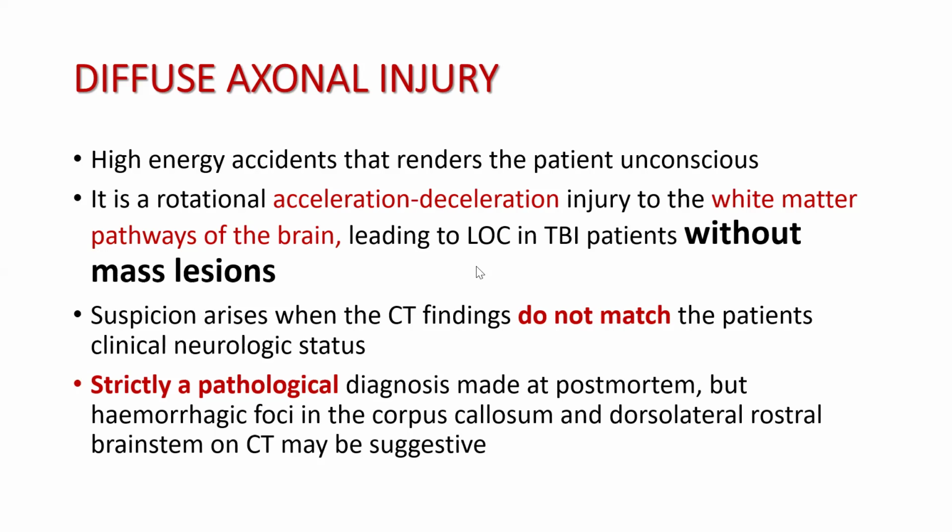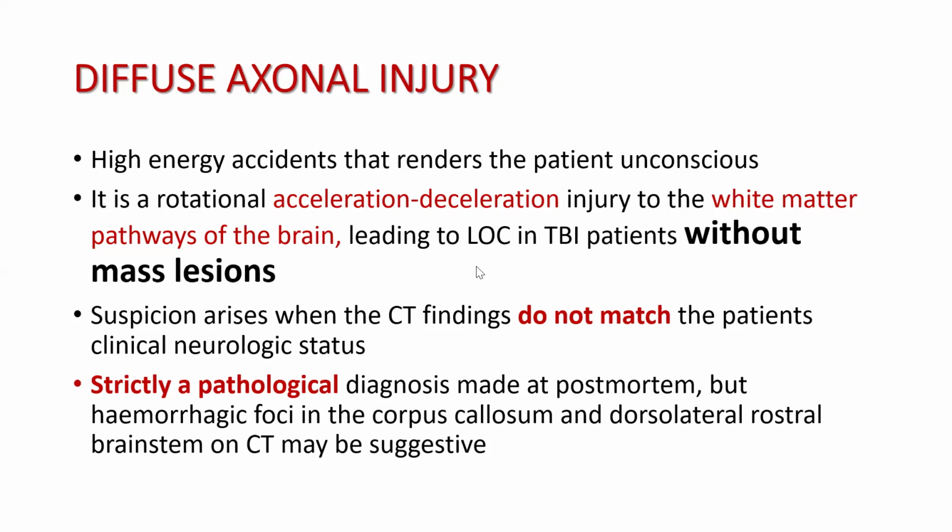So now the other lesion we will focus on is the diffuse axonal injury, which results from high energy accidents that render the patient unconscious. So what happens is that there is a rotational acceleration-deceleration injury to the white matter pathways of the brain, leading to loss of consciousness in a TBI patient. But in this case, we don't have a mass effect or a mass lesion.